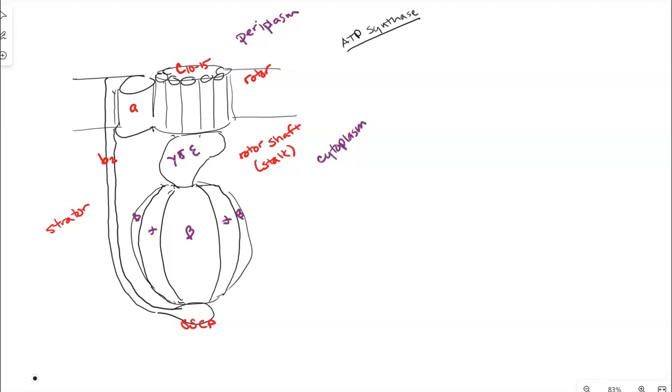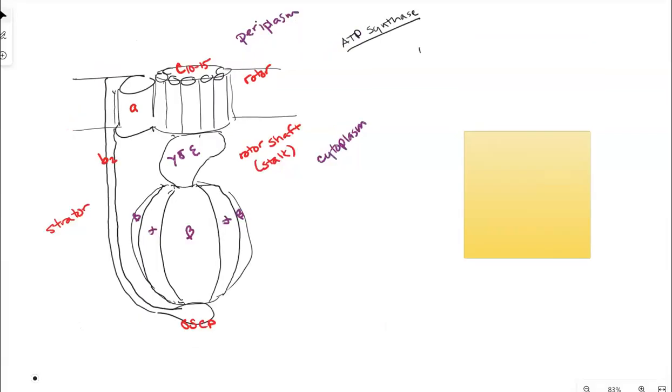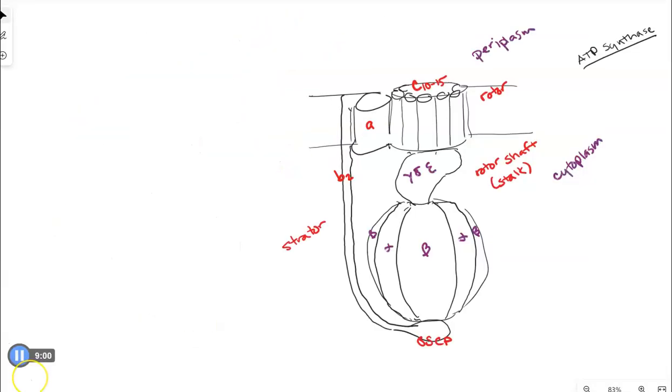So, getting into these subunits, ATP synthase is composed of F1 and F0 subunits. ATP synthase is actually quite a remarkable molecular machine.